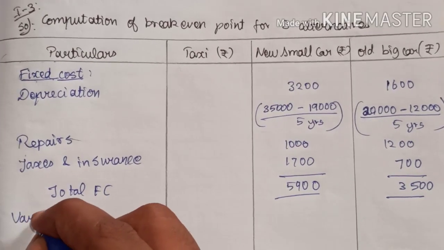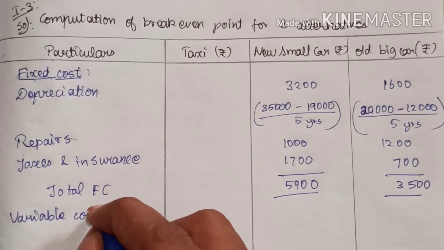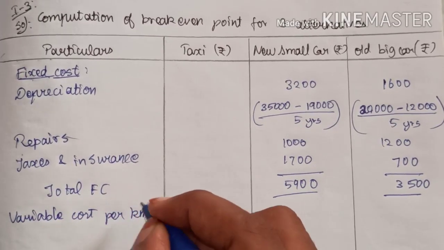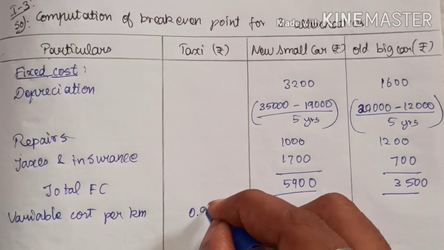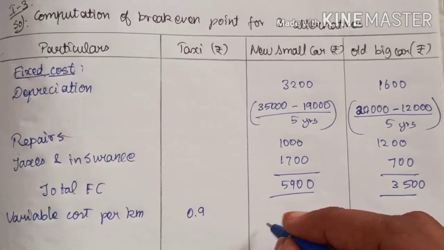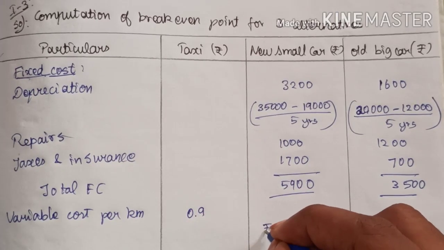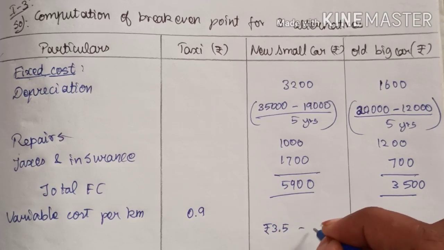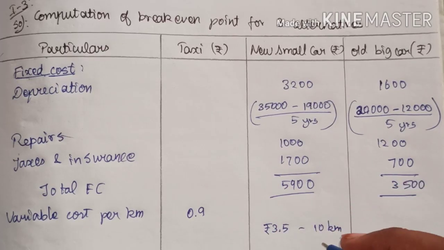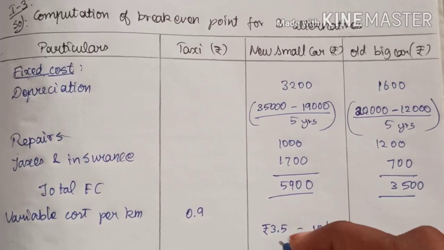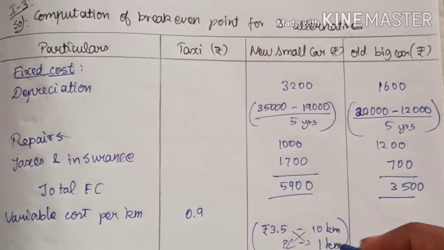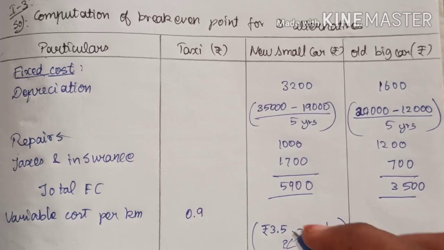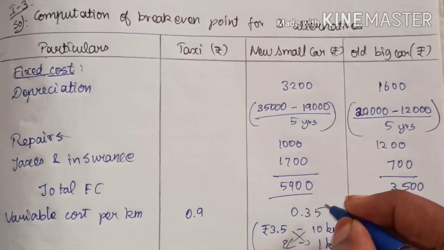We know that variable cost per kilometer of taxi is rupees 0.9. And here, the petrol price is rupees 3.5 for 10 kilometers, and what will be the price for 1 kilometer? If you cross multiply, that is 3.5 into 1 divided by 10, you will get 0.35.